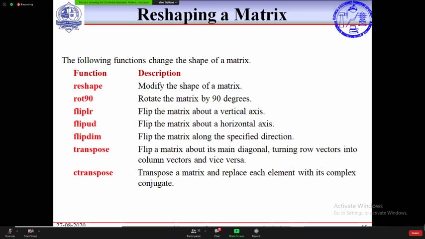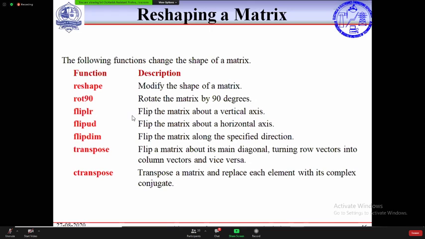You may want to convert rows into columns, or rotate, or make the upper row the lower row and the lower the upper row, or make the first column the last column and the last column the first. You want to flip in all directions, in all 360 degrees. These are the reshaping commands, which help you do all the manipulations you want in all directions.